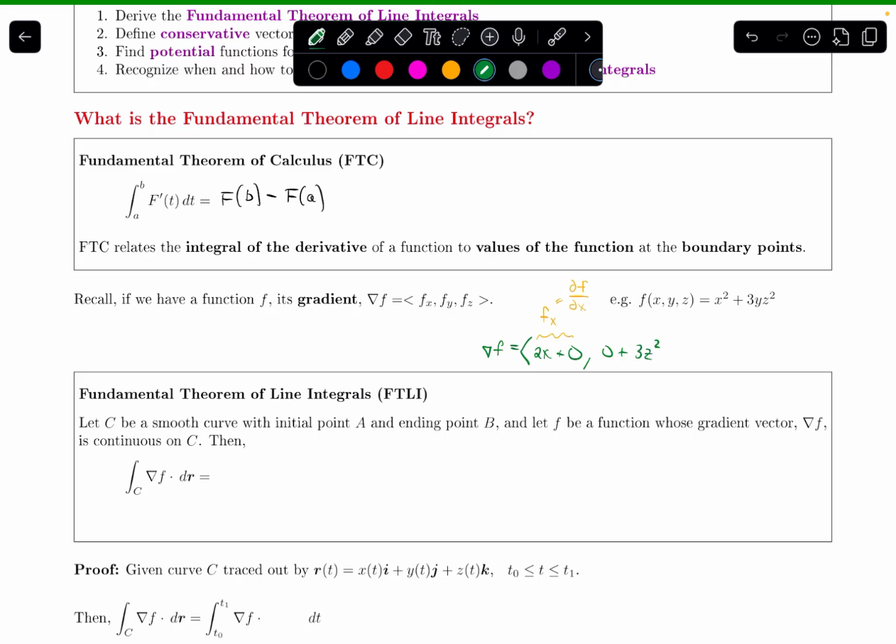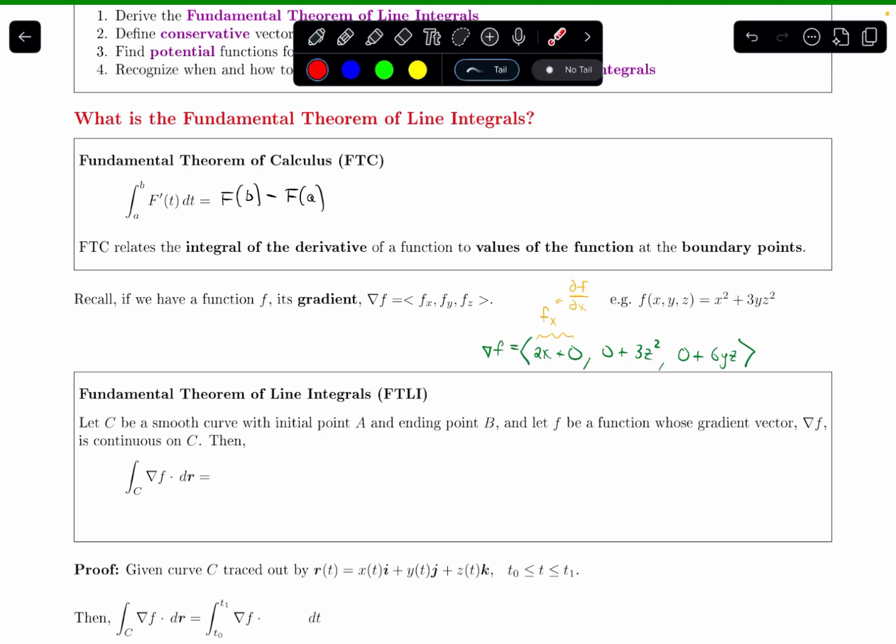So 3z squared. Okay, comma, now we need the partial with respect to z. So x and y are treated as constants. So x squared is like a constant. That partial would be 0. Plus, for this next term, the 3y is like a constant. That gets multiplied by the derivative of z squared, which is 2z. So that'll give me 6yz. Okay, and that's my gradient.